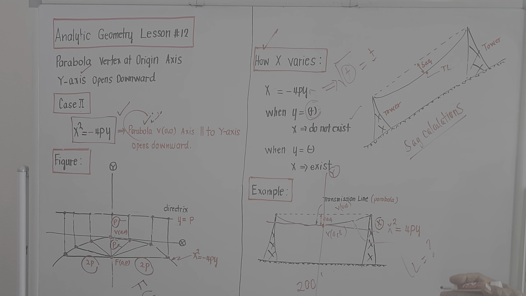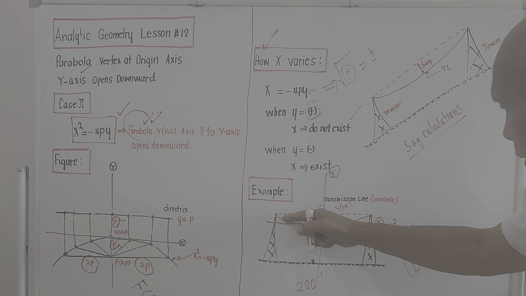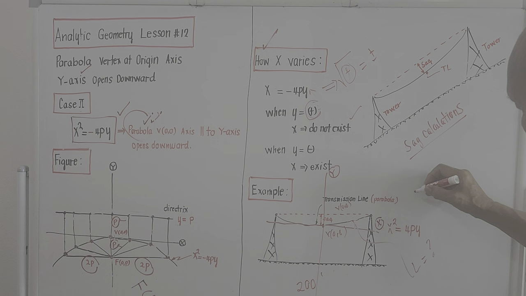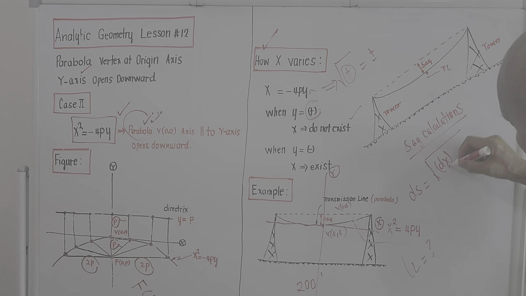So this is where we bring out our knowledge of integral calculus. Because if we know the equation of the curve, ds is equal to the square root of dx quantity squared plus dy quantity squared.